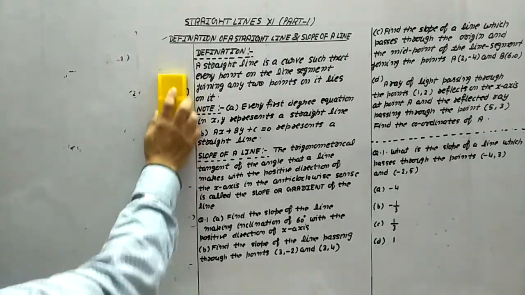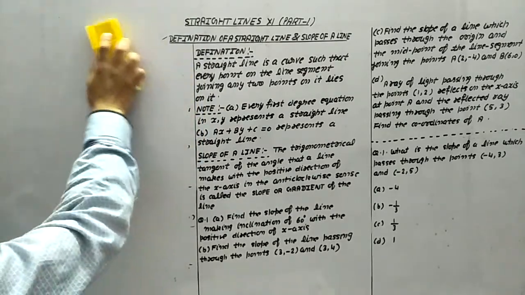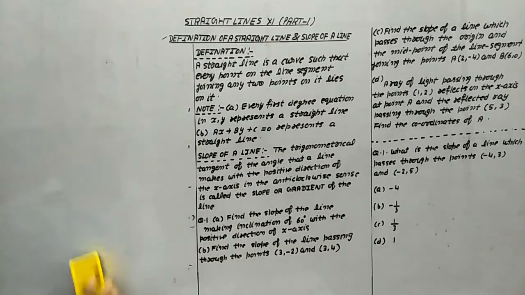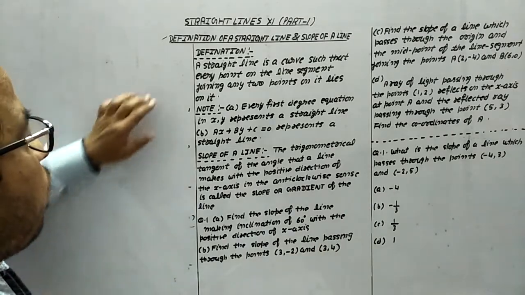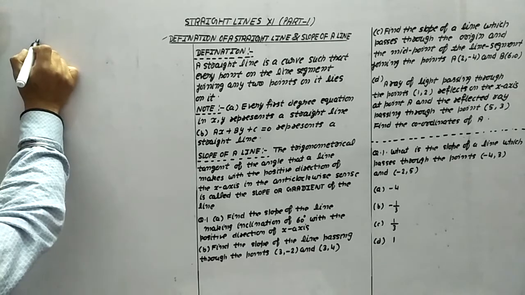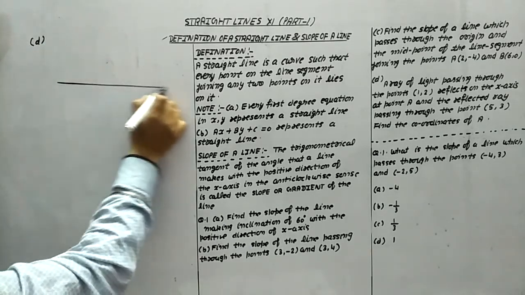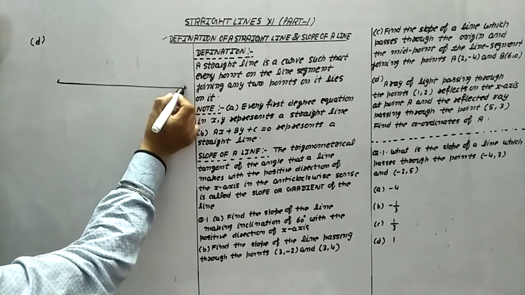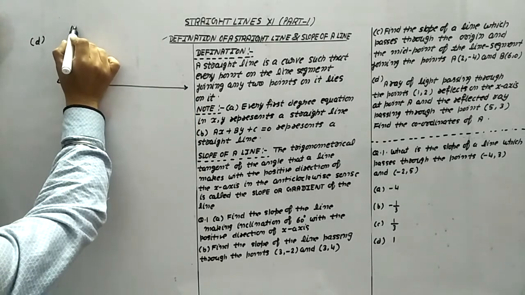In this part D, we have in the question that a ray of light passing through the point (1, 2) reflects on the x-axis at the point A, and the reflected ray passes through the point (5, 3). Find the coordinates of point A. First of all, we will make a figure. Let us suppose this is the x-axis, and this is the point (1, 2).